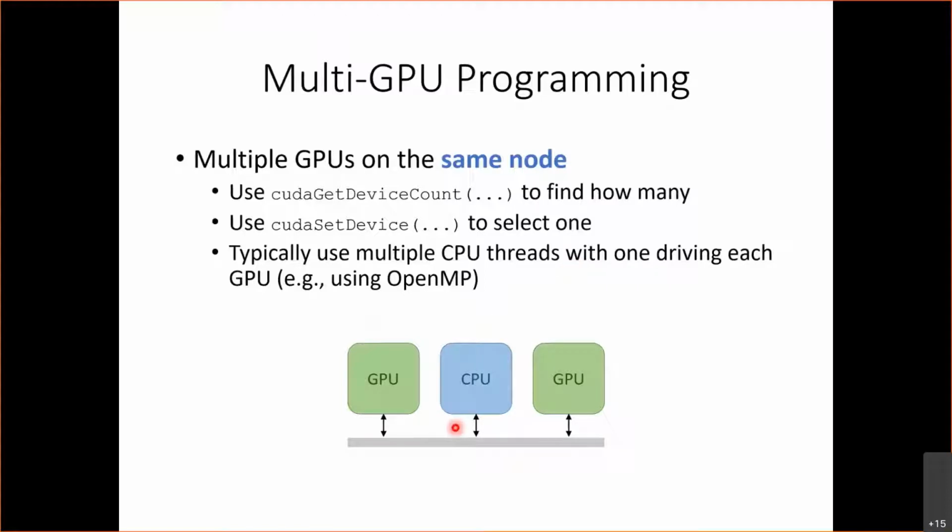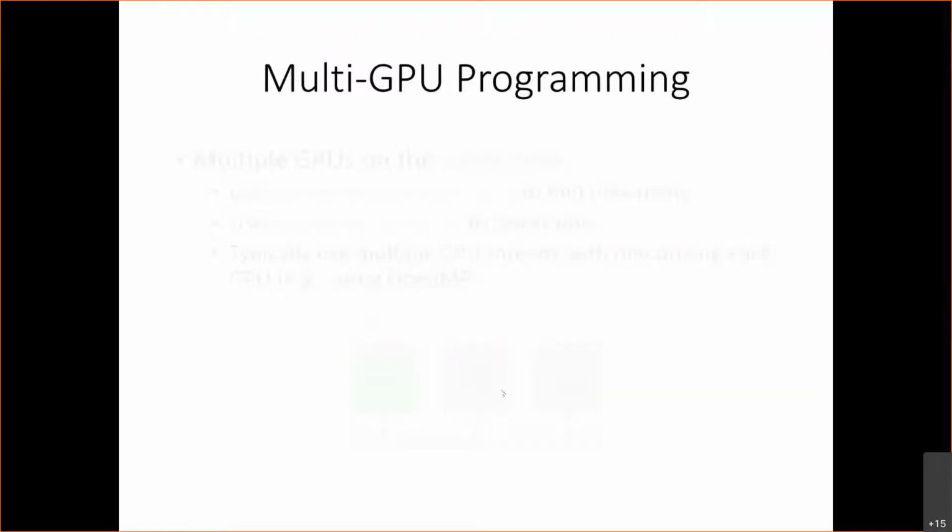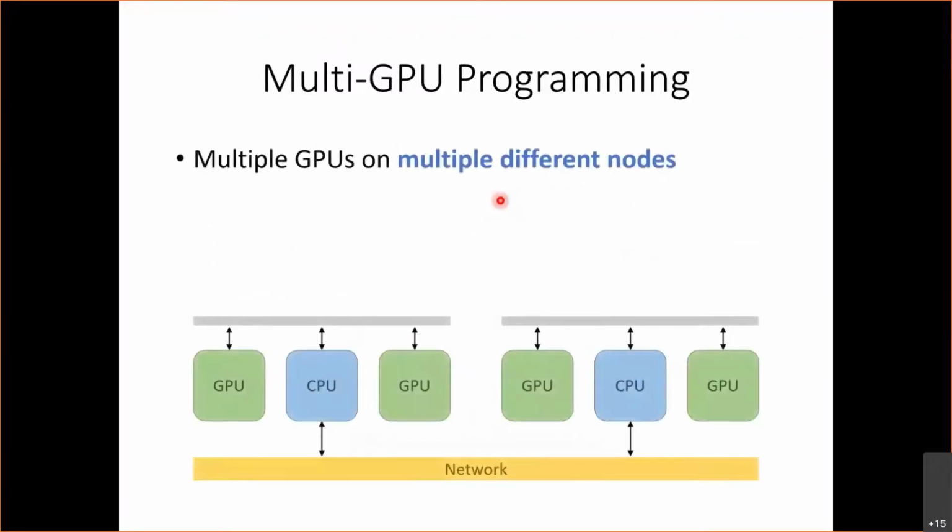Okay. This is one form of multi-GPU programming, where we have multiple GPUs attached to one CPU, but we can also have multiple GPUs on multiple different nodes in a network. So we can have multiple CPUs connected via a network, and each of these CPUs could have multiple GPUs.